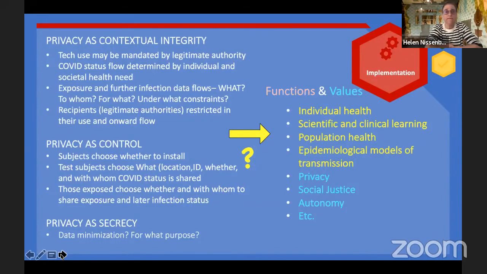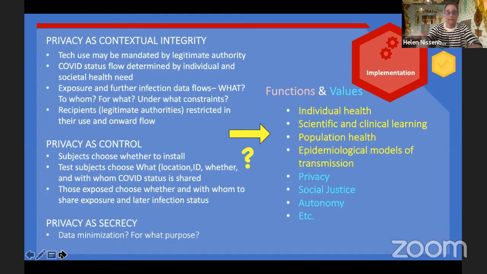Then the flow of the COVID status is determined not by consent, but by individual and societal health needs. The exposure and further infection data flows, that is to say, if you were exposed and then you were later found to be positive, what information is shared?